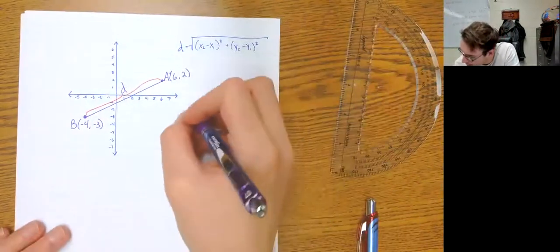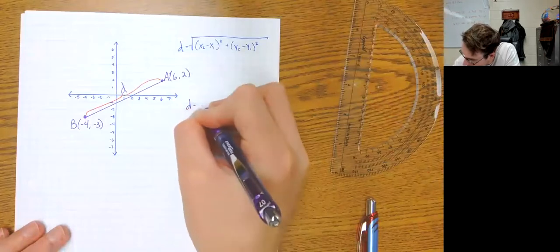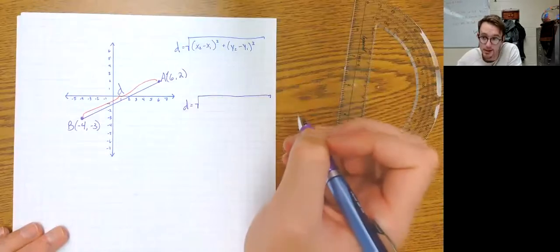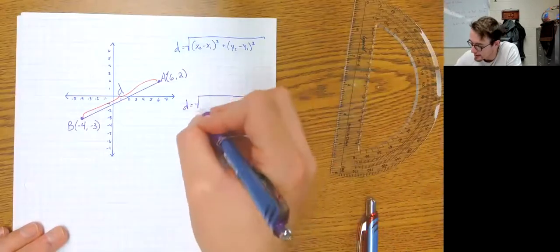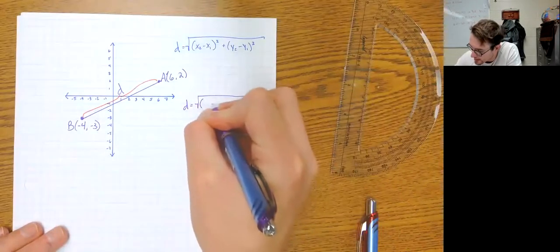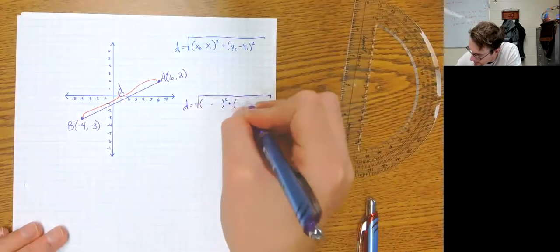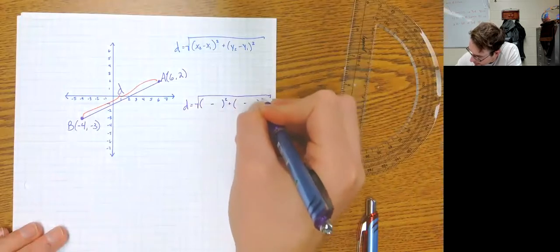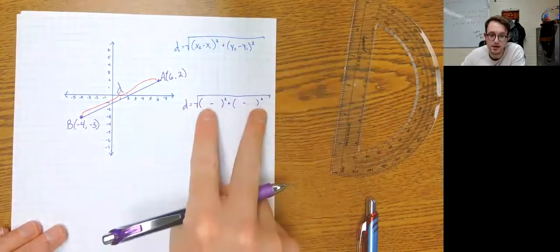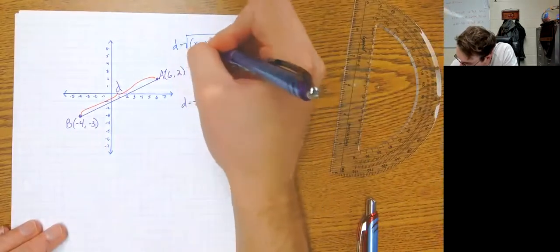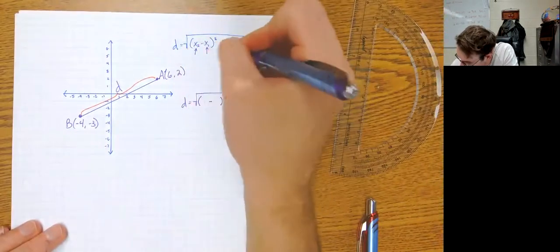All right, so I'm going to substitute stuff in. I got D equals the square root. I'm going to fill in the stuff that does not change. That's really important. There's certain things that do not change. Parenthesis, minus, and the square, plus, parenthesis, minus. None of that changes. All you're substituting in is right there, right there, right there, and right there.